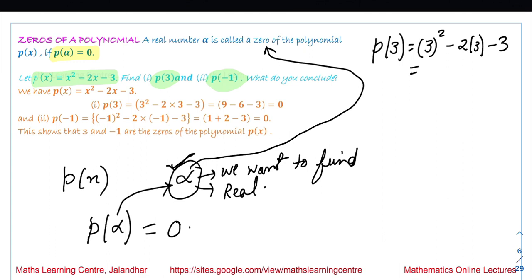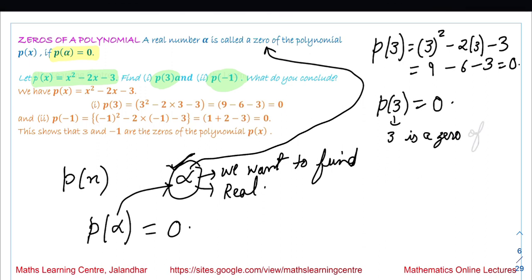On solving this, it is 9 minus 6 minus 3 equal to 0. So p(3) is equal to 0. It means 3 is a zero of p(x).